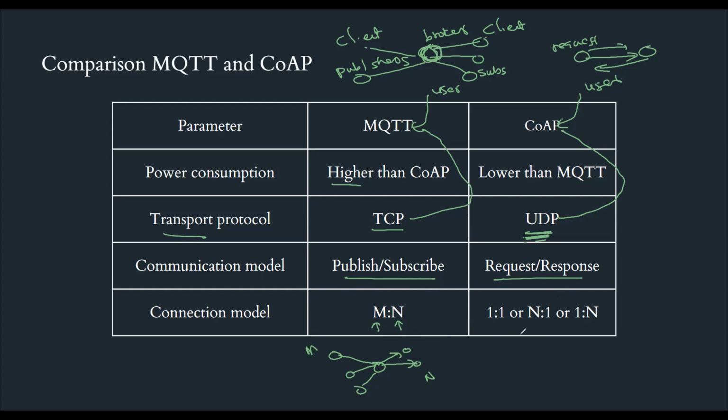However, in CoAP, we can do one-to-one, N-to-1, or one-to-N. That means multiple devices can communicate with one server, and one server can communicate with multiple devices. So CoAP cannot have M2N communication.